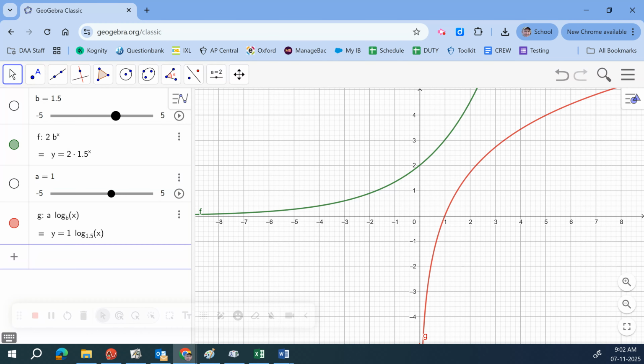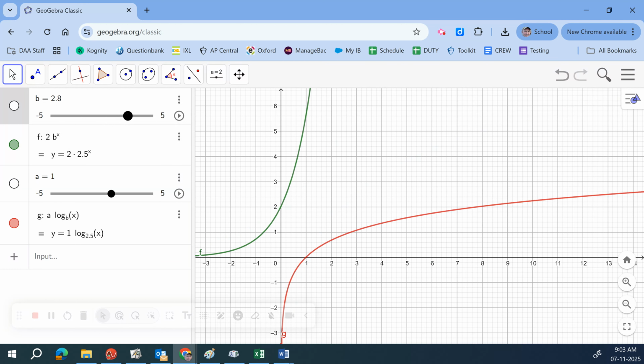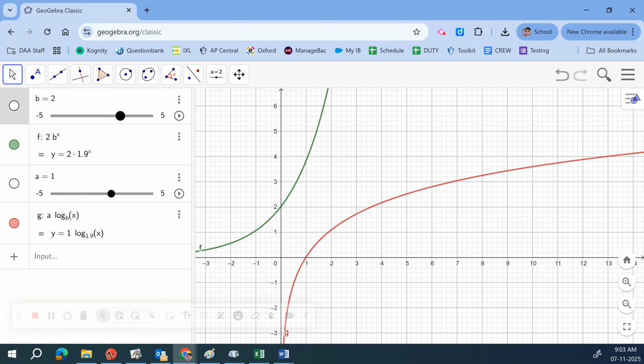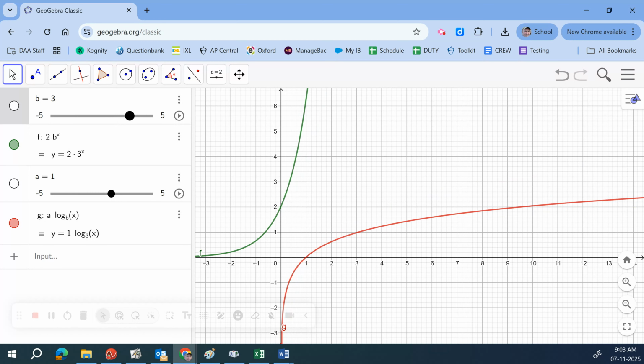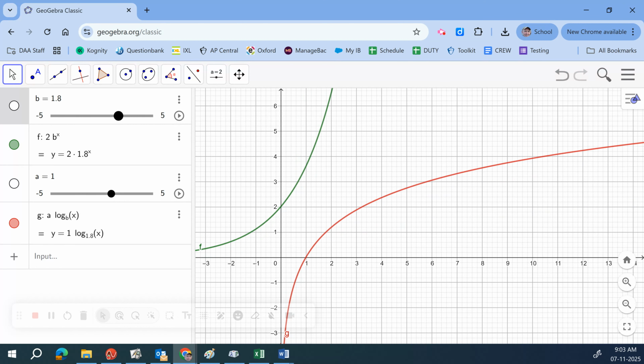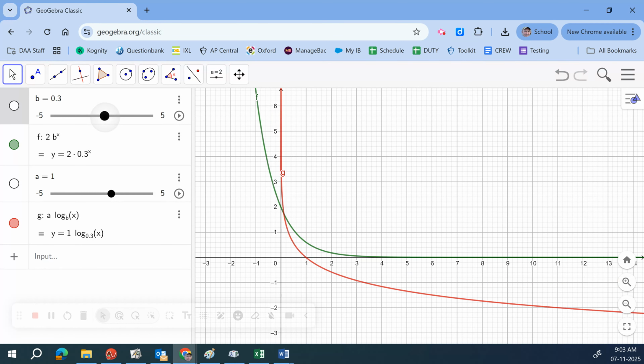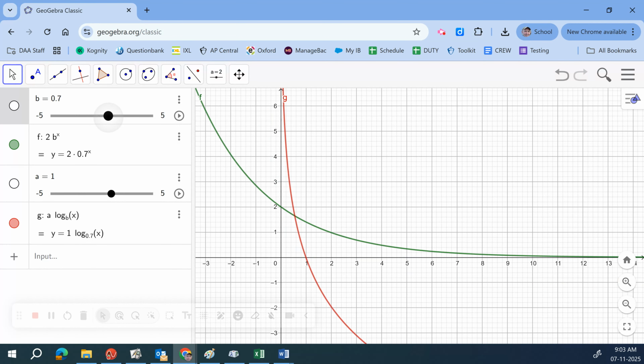So here's the logarithmic function. If we change the value of b, as long as b is bigger than 1, it's always going to be going up, always concave down. b can't be 0, but it can be between 0 and 1, and then we get it coming down.